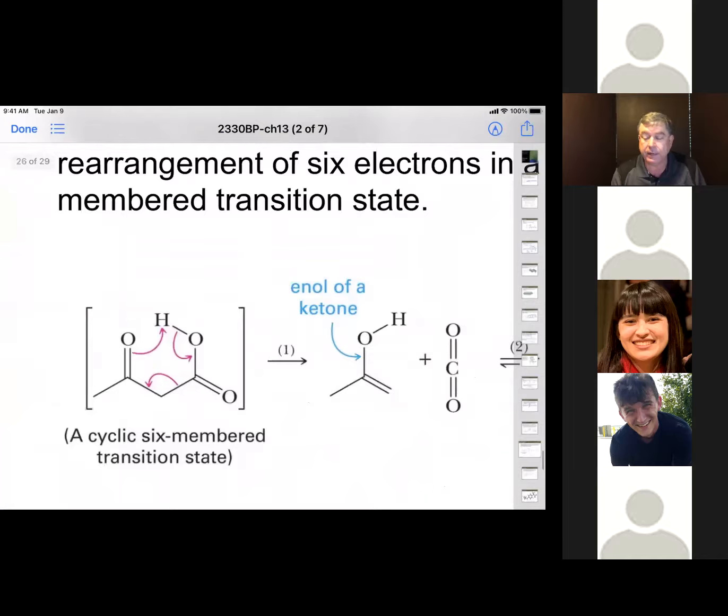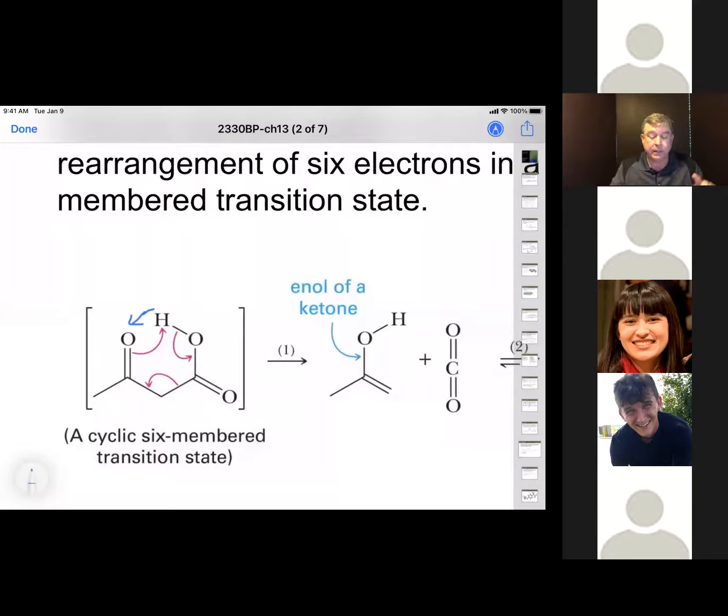Okay. So the key here is that we are going to redraw our carboxylic acid such that the hydrogen is adjacent to the carbonyl on the beta carbon. Okay. This makes it much easier to see how the elimination happens.